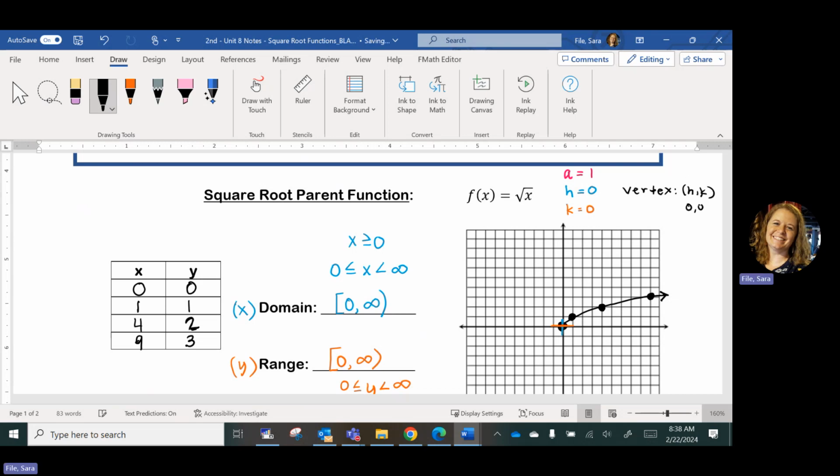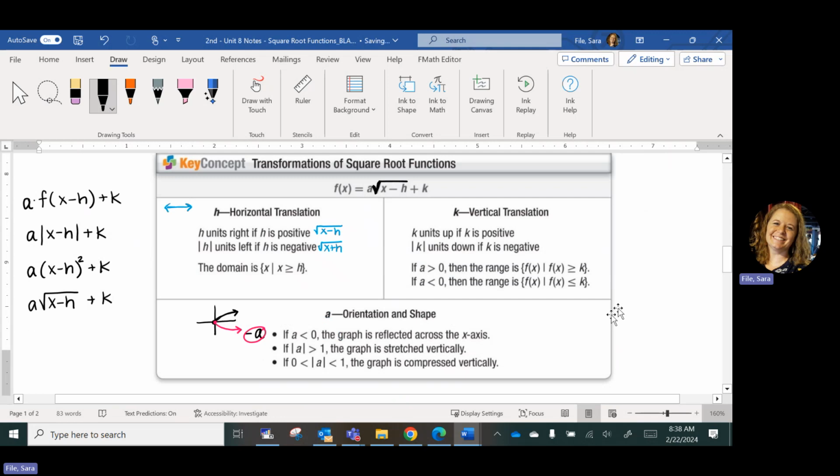So it's (0, 0) in the parent function. But when we transform our graph, if we have something other than 0 for H and K, it's going to affect our domain and our range because our endpoint, our vertex there, is shifting around.